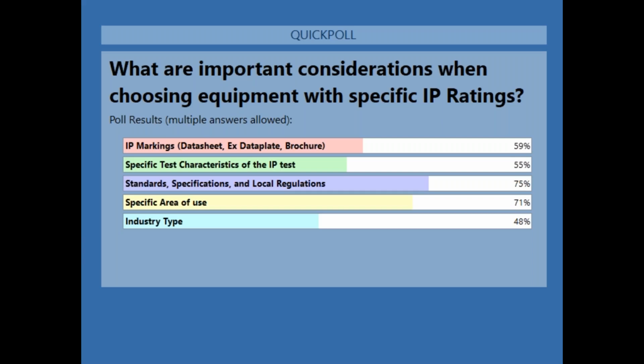Is it used inside? Is it used outside? Is it offshore? Is it near the ocean's edge? Is it in a climate like Kitimat, British Columbia, where it rains all the time hard? Is it where cyclones or hurricanes may be? Those would be key indicators that you would want multiple IP tests. Now, the industry type.